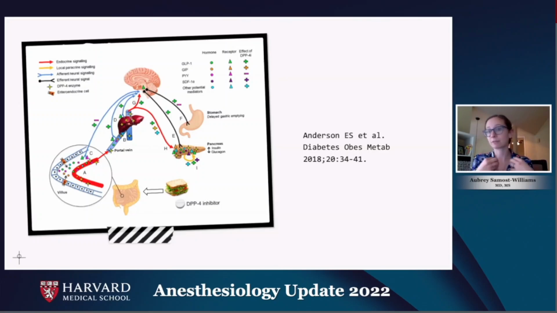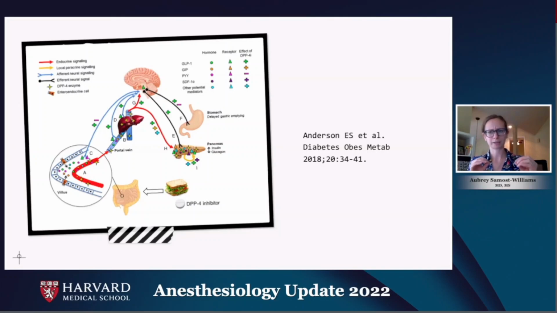And again, it's going to have similar end organ effects as our GLP-1 receptor agonists. So you're going to see lowering of your glucose level through insulin secretion, again, glucose-dependent. So low risk of hypoglycemia with these agents, especially as monotherapy.